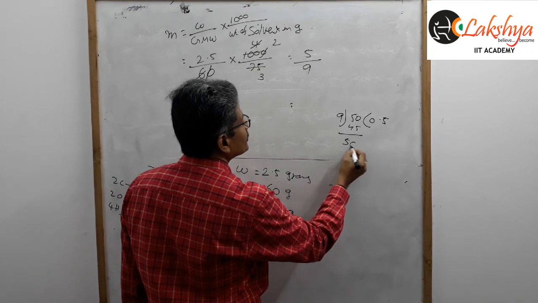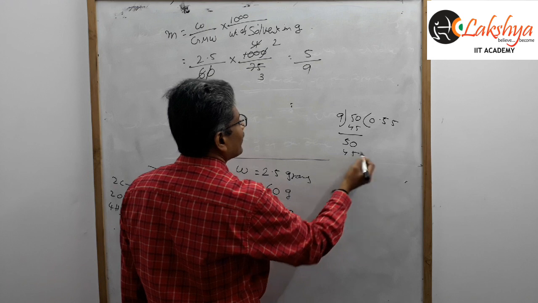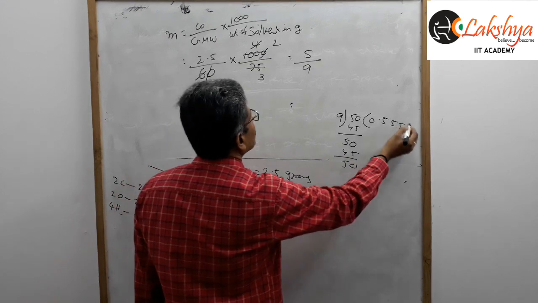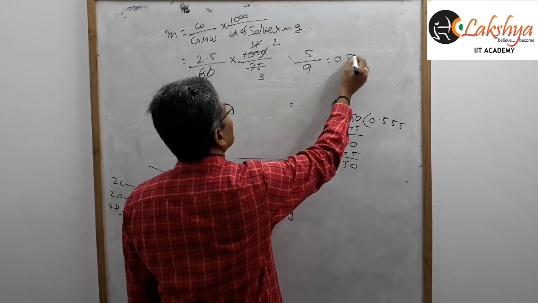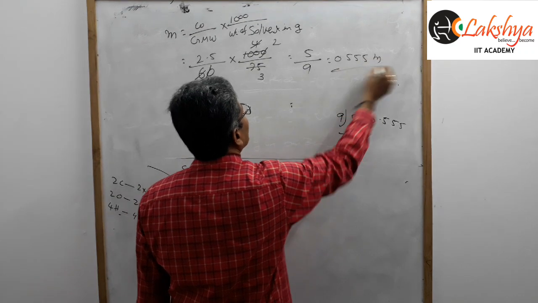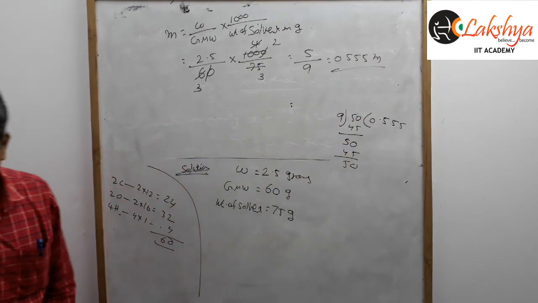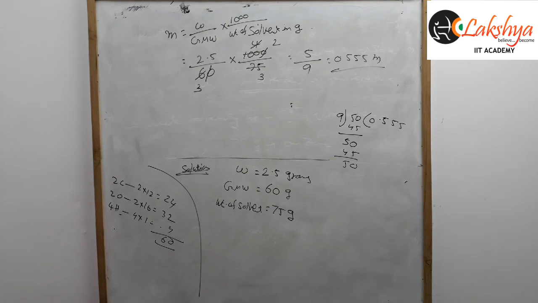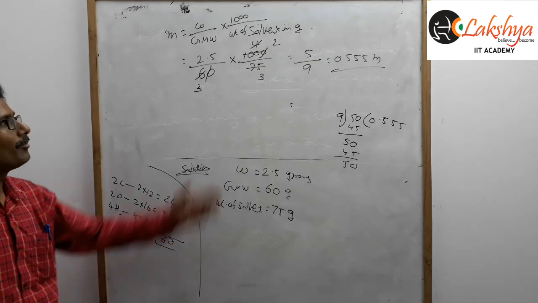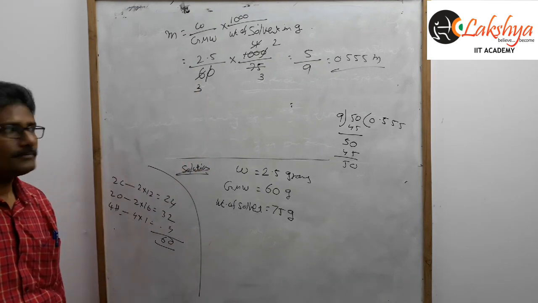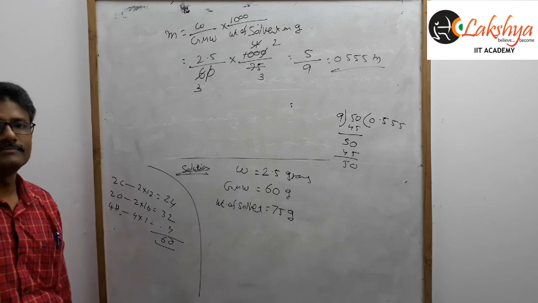Again 5 0. 9 5s are 45. 5 0. So it continues: 0.555 small m, 0.555 molar or mole per kg. Okay, note down this one.